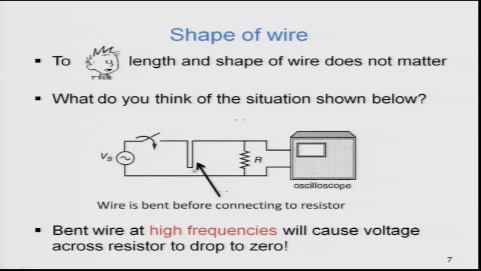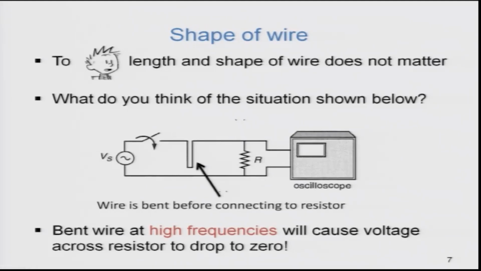Okay. You can see that I have bent the wire in this way, and what I see on the oscilloscope is that at very high frequency, that is, as I start increasing the frequency of the source here, you will see that the output voltage across the resistor will actually drop to 0.